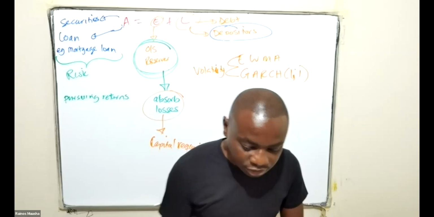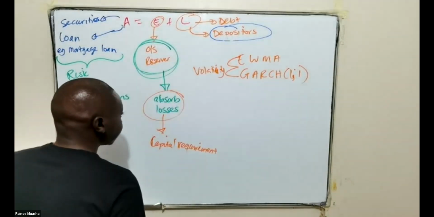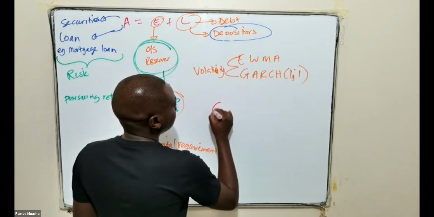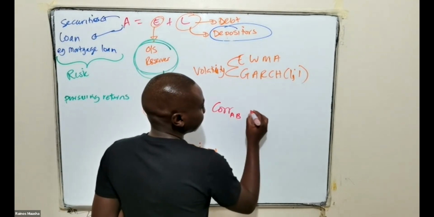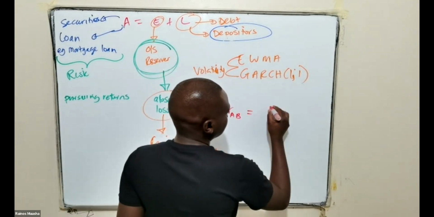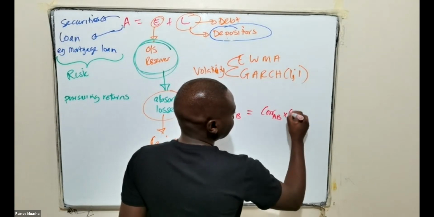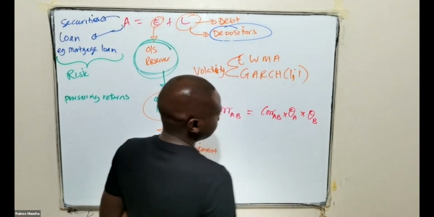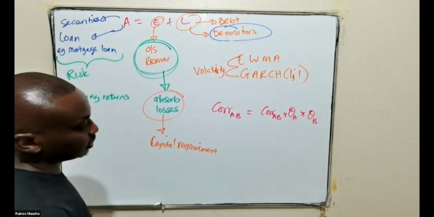The main thing that you need to take note of from chapter 11 is that the covariance of asset A and B is given as the correlation coefficient of asset A and B multiplied by the standard deviation of asset A multiplied by the standard deviation of asset B. That's basically how we measure the correlation coefficient.